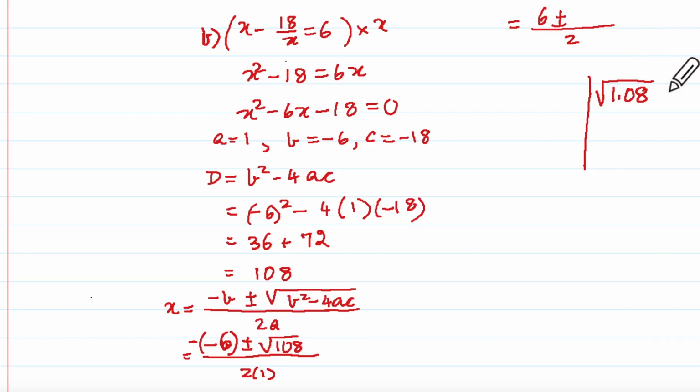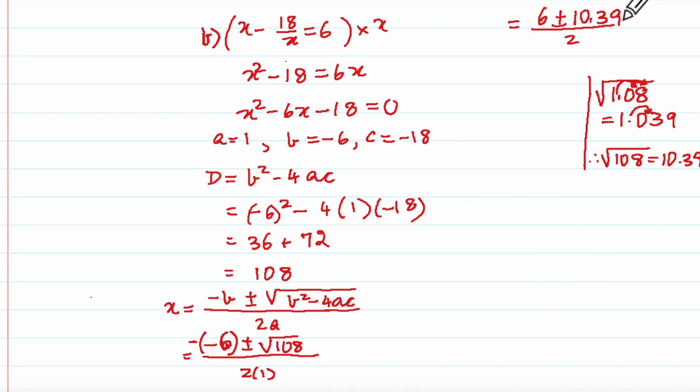Read this number. 1.039. So for a 3-digit number, you shift the decimal place. Under root 108 means I shifted the decimal place by 2, so here I will shift the decimal point by 1. This is 10.39. That's what you had told me, right? Yes, ma'am. You said the same thing.